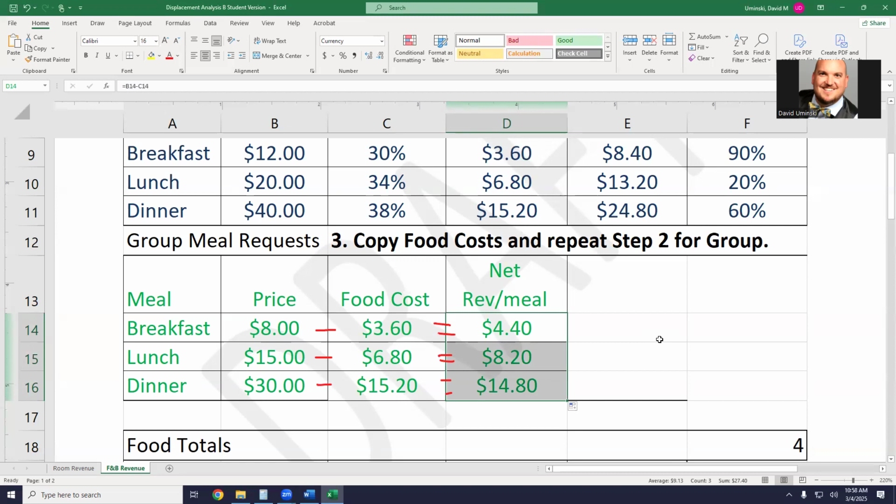Questions, comments, concerns about the group food costs or the transient food cost?